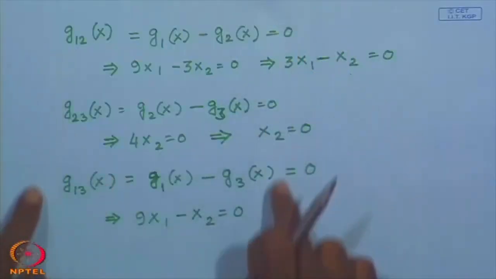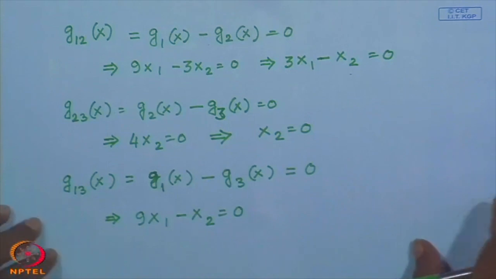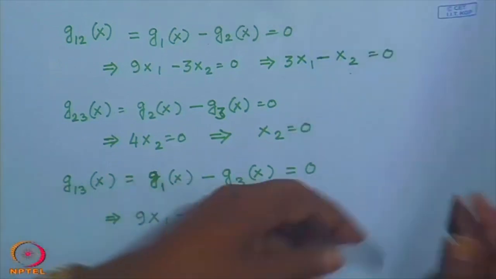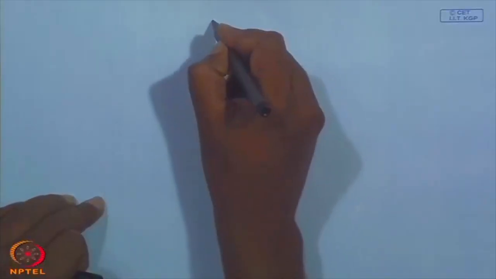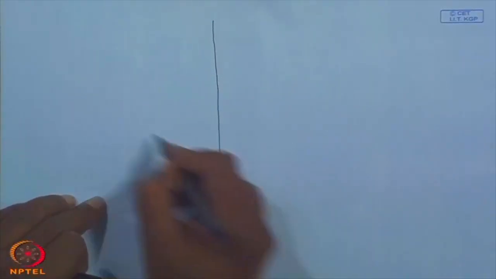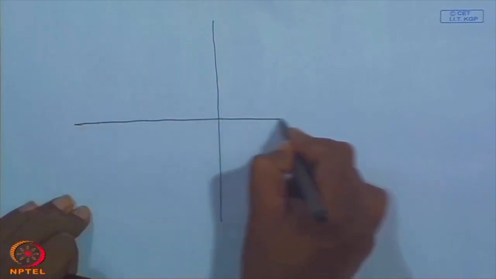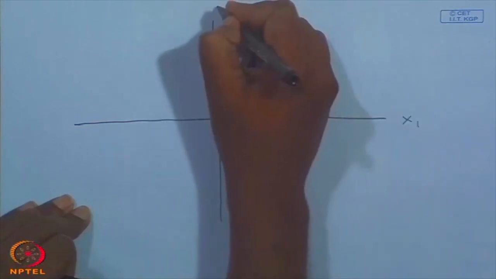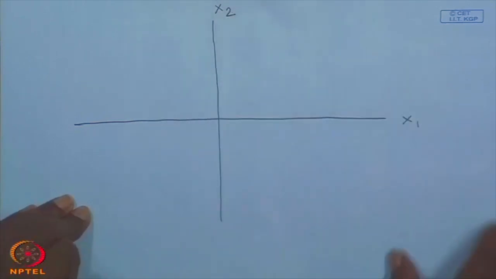Now, if I plot all these decision boundaries, let us see what kind of situation we have. This is say my x1 axis and this is my x2 axis.